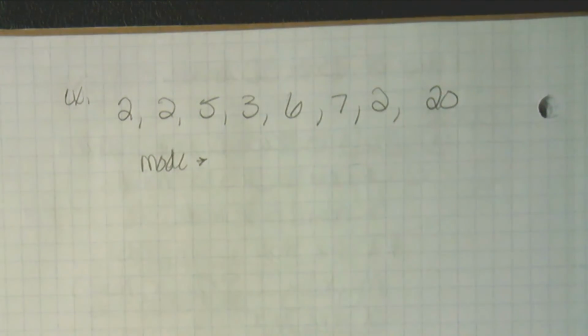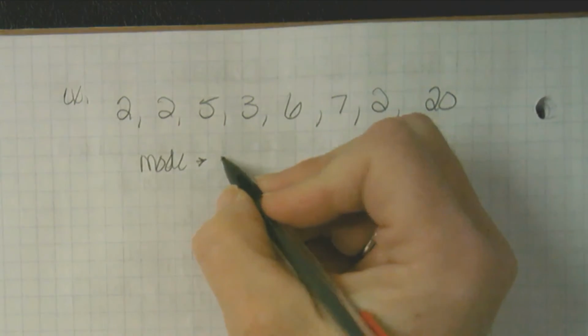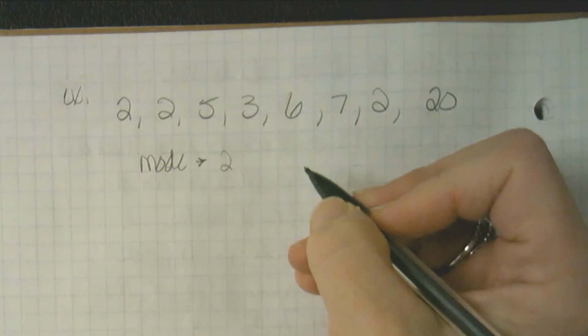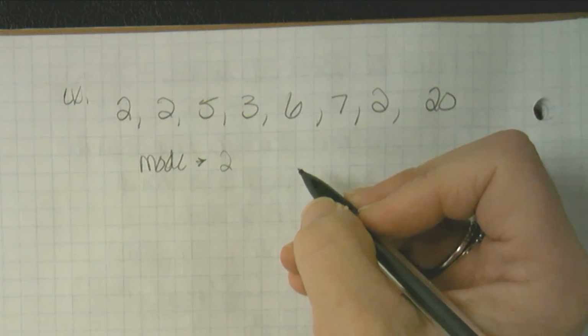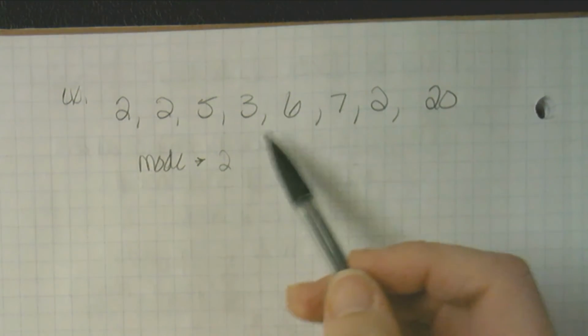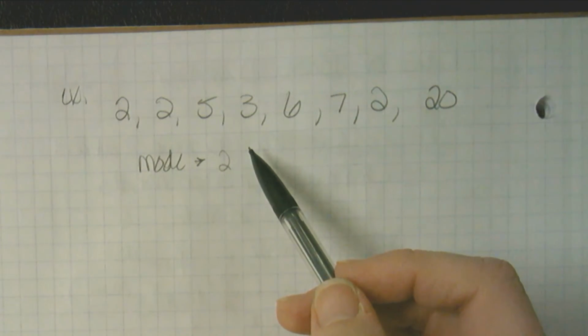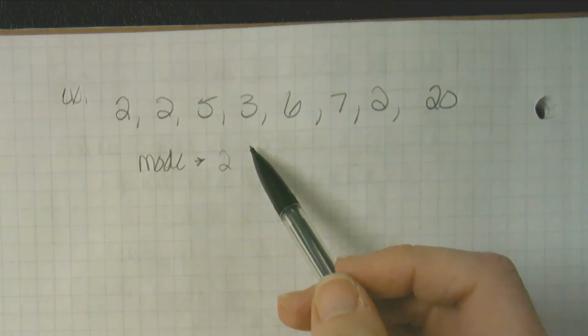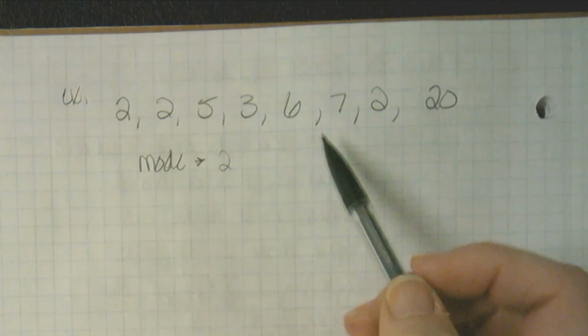Is your mode your best describer? First of all, is there a mode? Maya, what's the mode? Mode is 2. Is 2 your best describer, Maya? Why? Why do you think mode is your best describer?